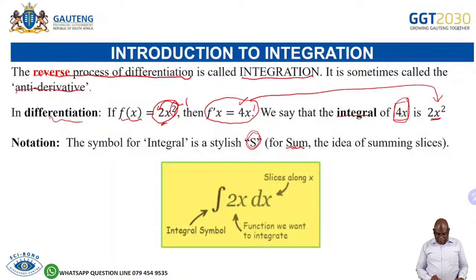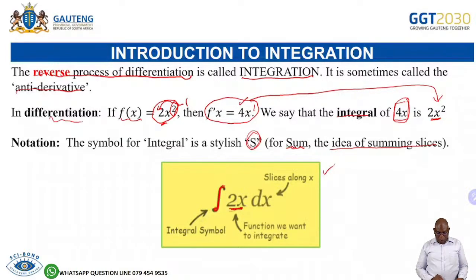This sign here looks like s, which is the sum, or the idea of the summing of the slices. Okay, so we'll show you when we're also doing the area what we're talking about. So here is the sign of that integration.